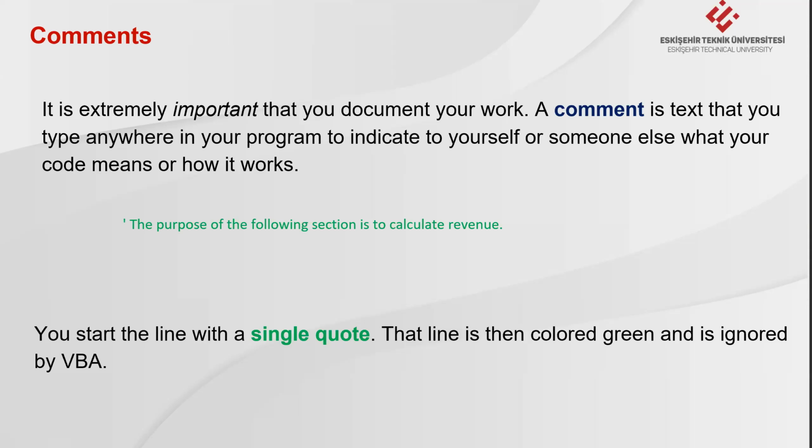So how are we going to do that in the Visual Basic editor? We use this for a single line. For example, you type a single quote here, and then you write your comment. For example, the purpose of the following section is to calculate revenue. And the line is then colored green, and it is ignored by Visual Basic.